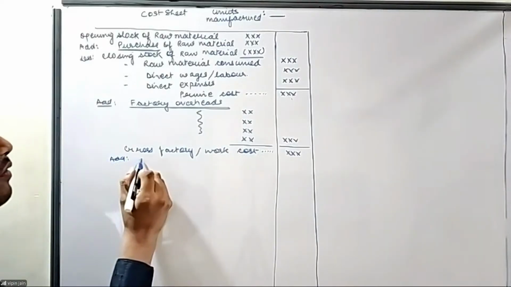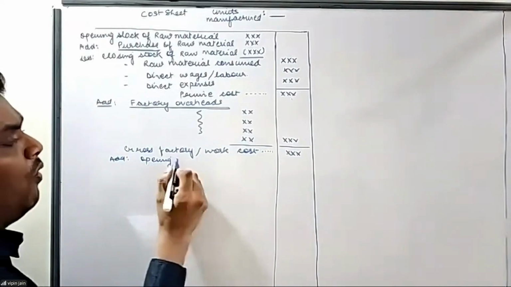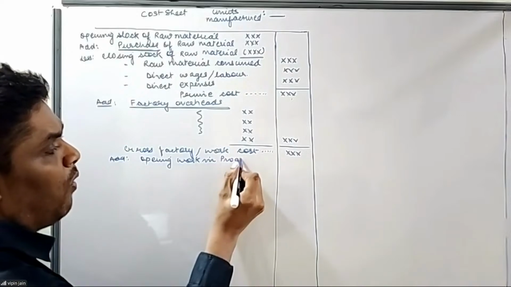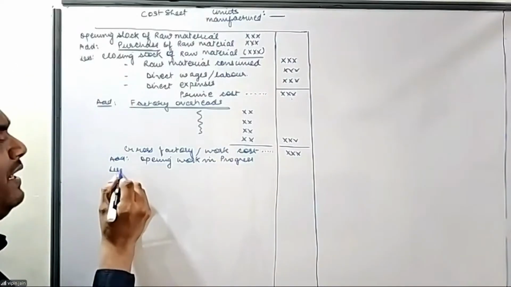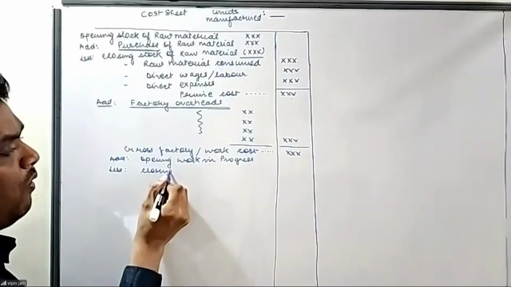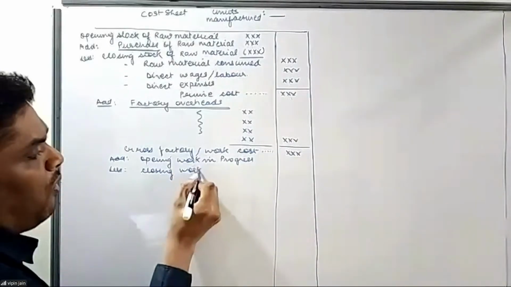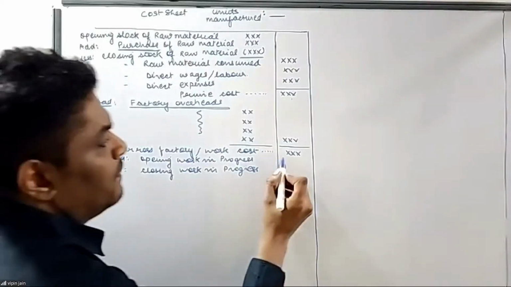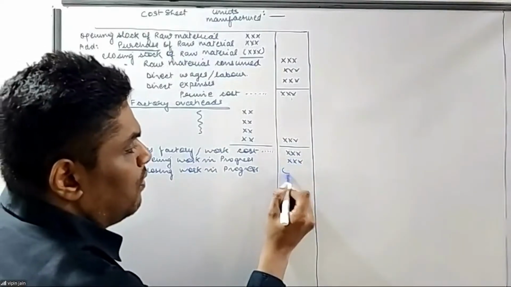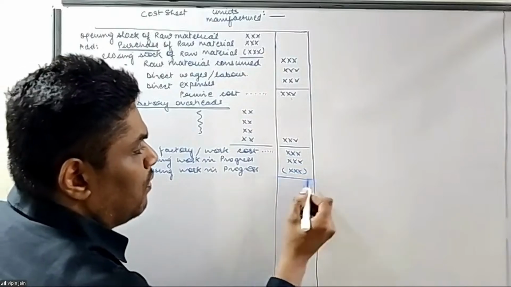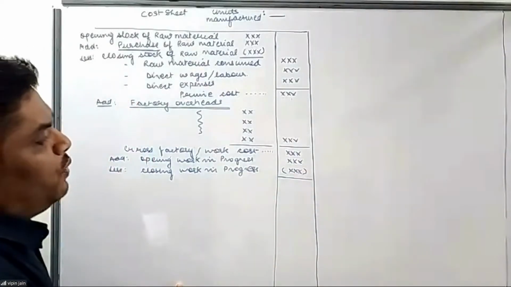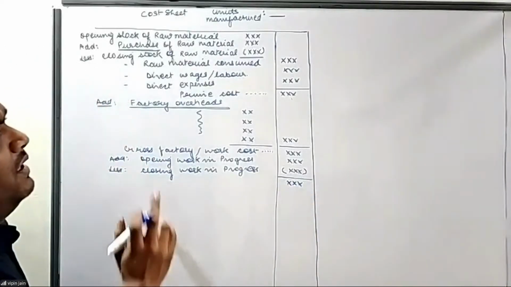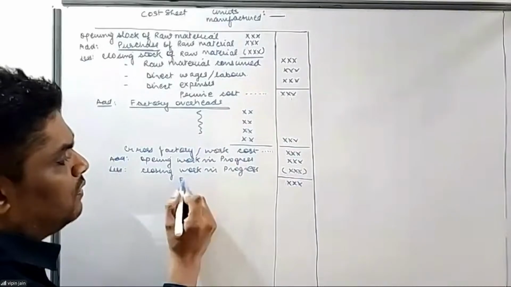We'll add opening work in progress and we will subtract closing work in progress. The final figure we'll be getting is the factory cost or work cost.